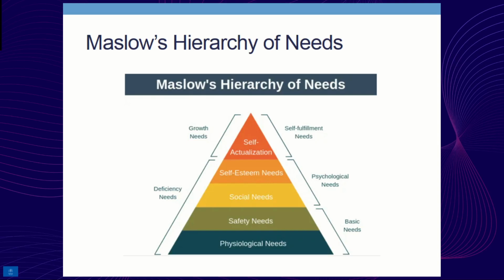His theory proposes that there are 5 types of needs that employees need to have fulfilled in the workplace for them to reach their full potential. The 5 needs come in a particular order. When one of the needs is satisfied, the employee would be motivated by having the opportunity to meet the next set of needs in the hierarchy.